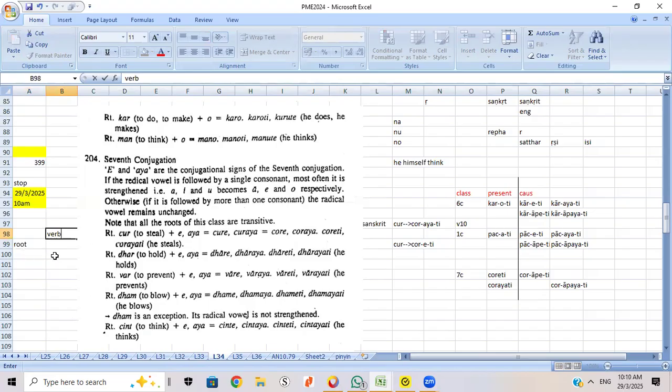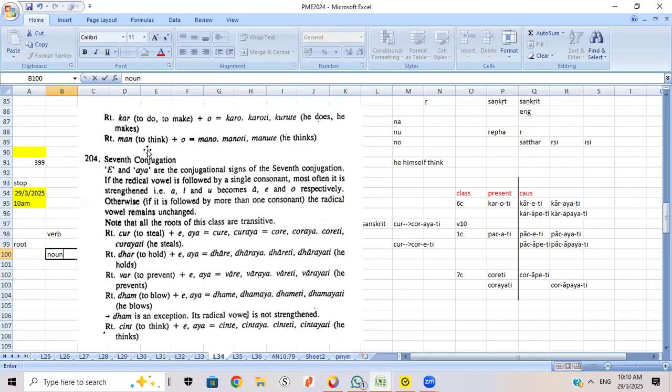The root can also form a noun. This is usually not so detailed, because a noun is usually under the primary derivative: the root, plus most of the time an a, becomes a noun.